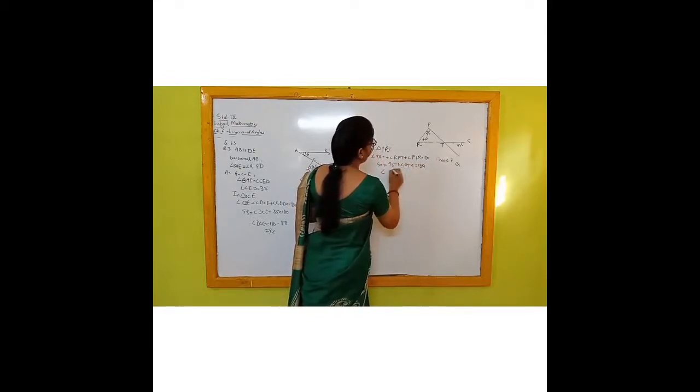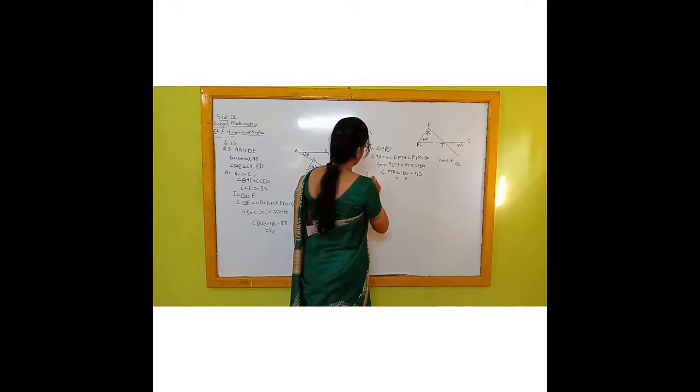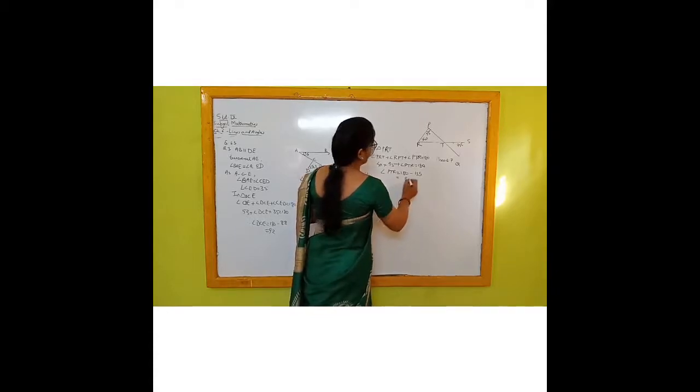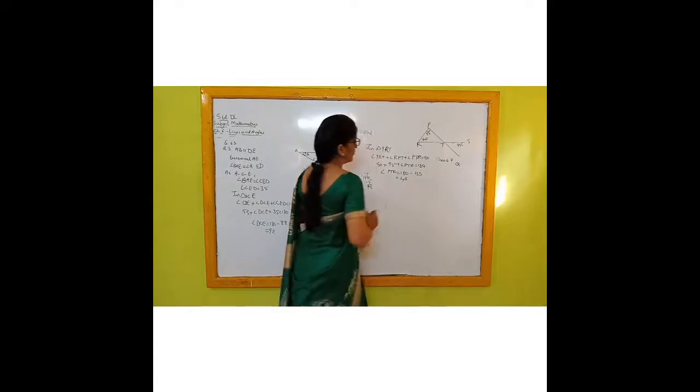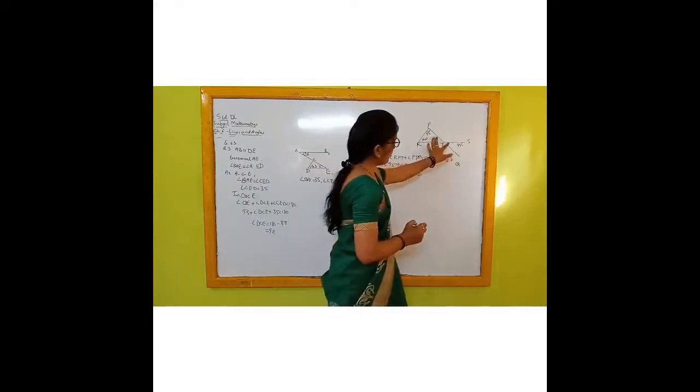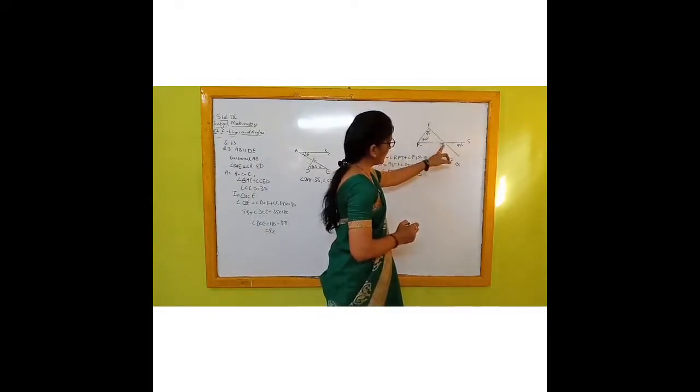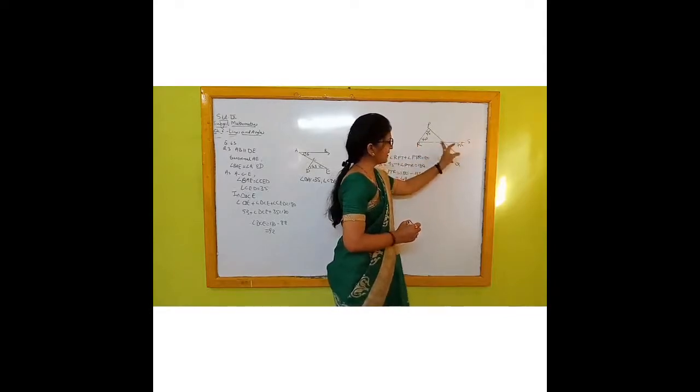Therefore angle PTR is equal to 180 minus 135, which is 45.